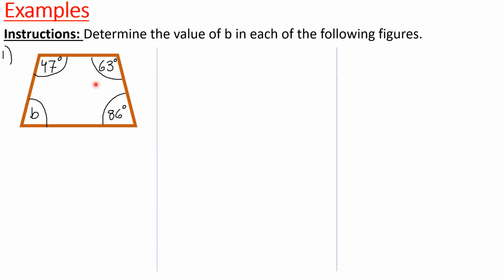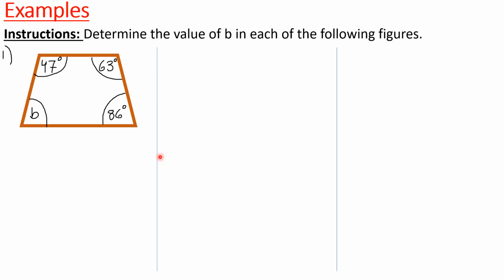Okay, good. So what do we know? What rule can be used for this particular example? Anyone can answer. Angles in a quadrilateral, four-sided, add up to 360 degrees. Yes, very good. So how are we going to figure out that answer? Add up all together and take away from 360.